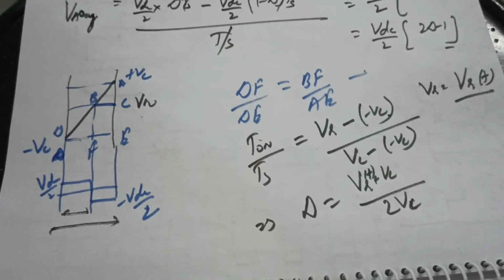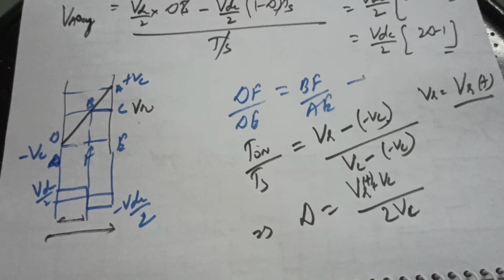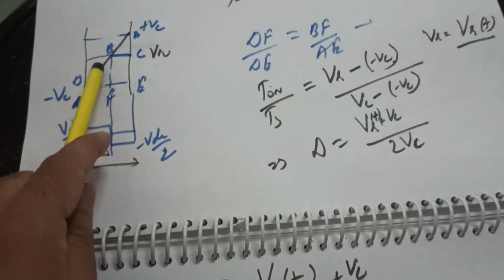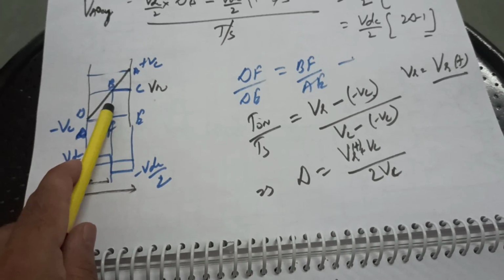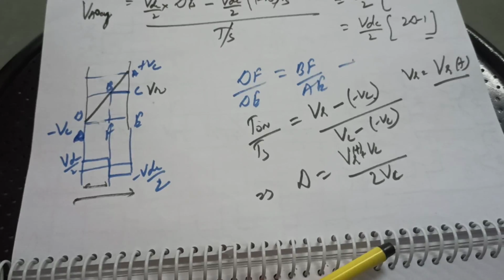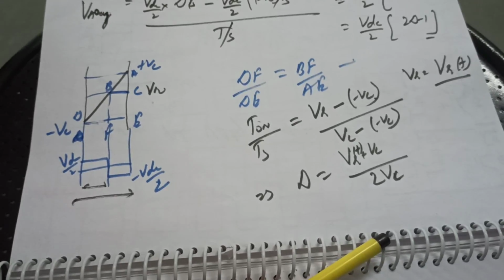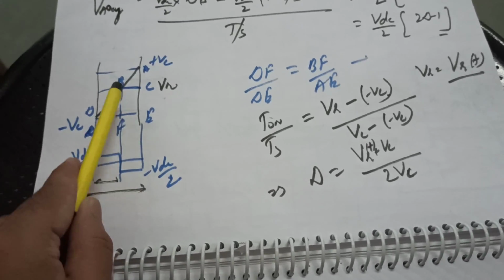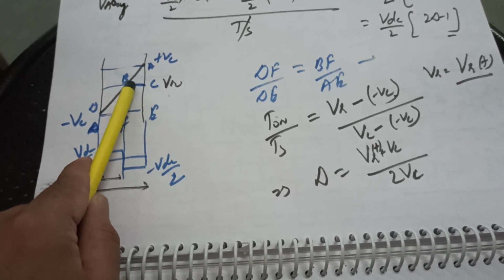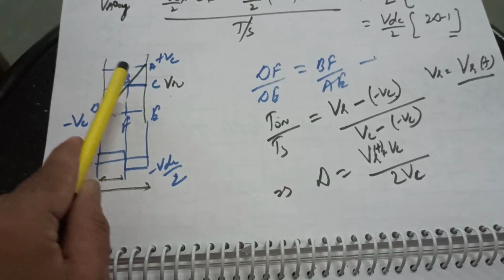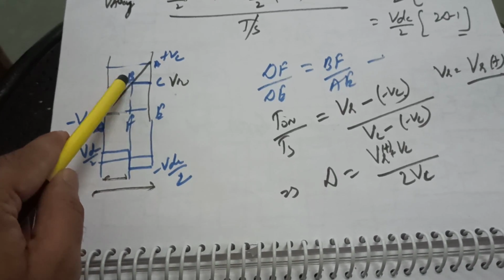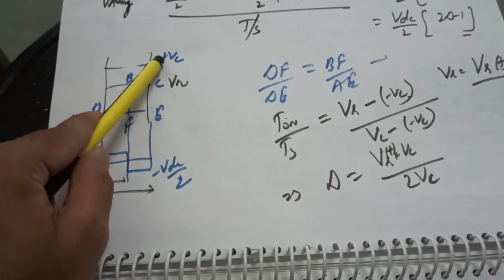Now have a look at this triangle. This is very important. Just have a look at this triangle. So we will be comparing two triangles. Triangle BDF, this triangle, and triangle DEA, this triangle.